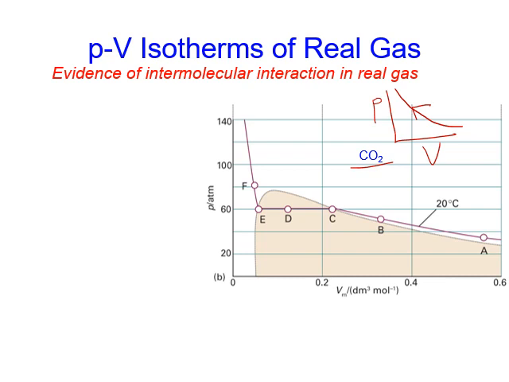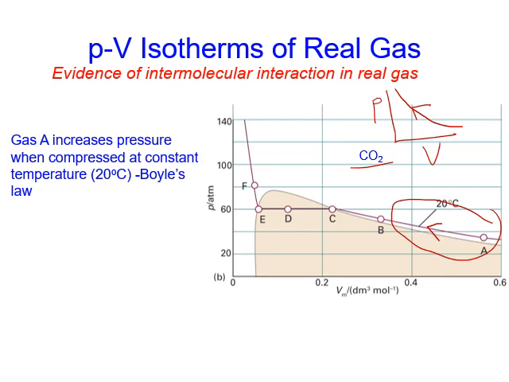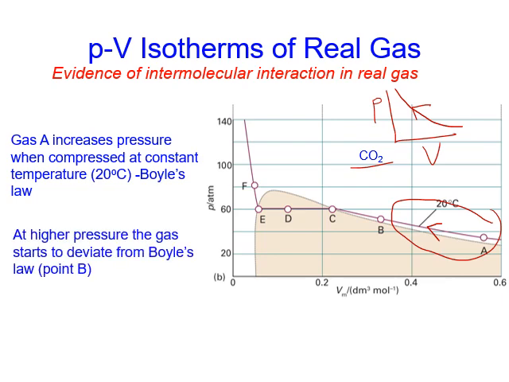Indeed, we see a range where carbon dioxide behaves as an ideal gas, obeying Boyle's law. However, when the pressure increases enough, at this point B, it starts to deviate from Boyle's law. So it deviates from Boyle's law above the point B.